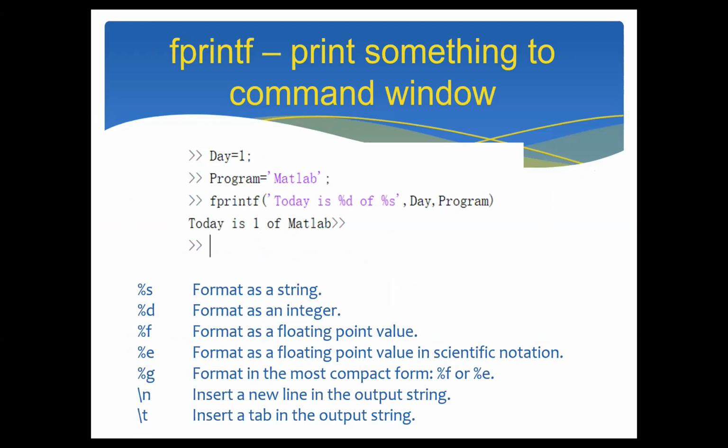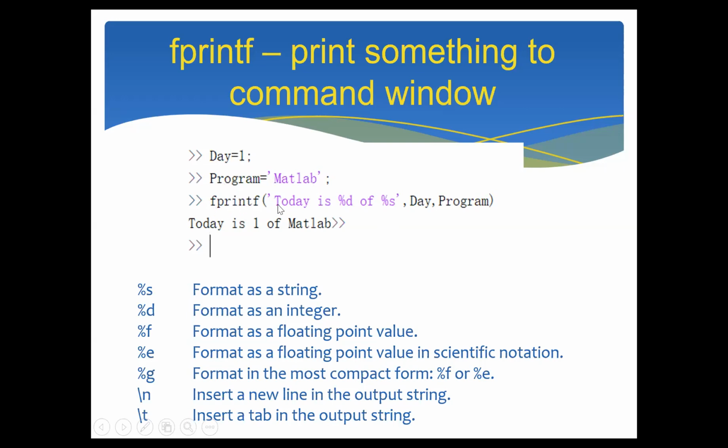And the last thing we want to introduce for this part is a function called fprintf. This function is a little bit more complex than display, which we introduced before, because it can display both strings and variables at the same time. For example, if you type day equal to 1, program equal to single quote, MATLAB. This will specify it is a string. Once you have single quotes, then inside is a string.